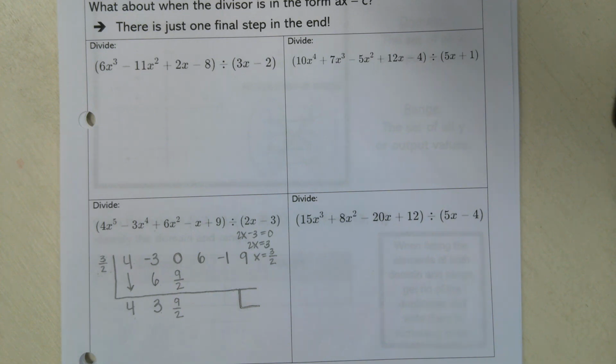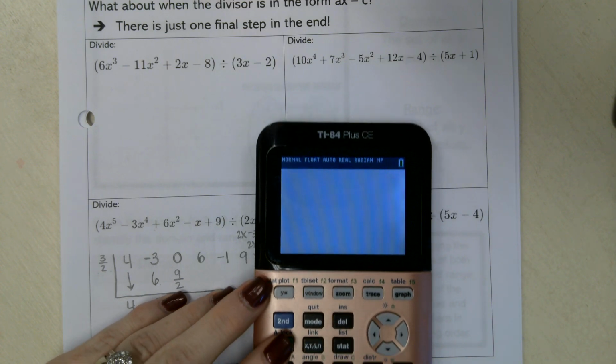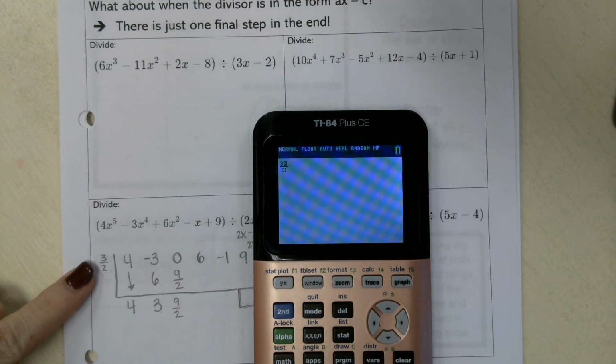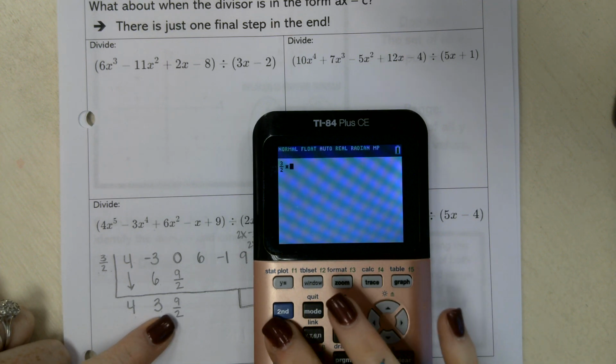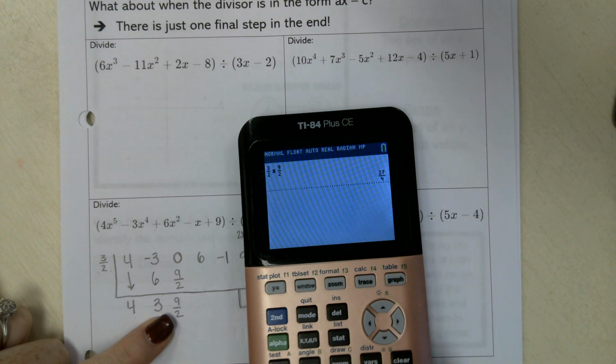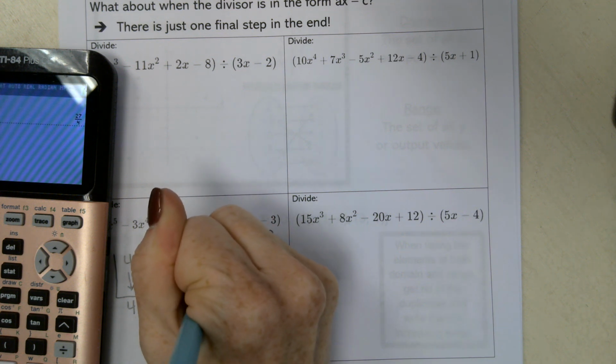Okay? Now, I do want to show you, when I do a fraction in the calculator, I can do alpha y equals, and I'm going to do 3 over 2, and I'm going to multiply that by 9 over 2. And that gives me 27 fourths.